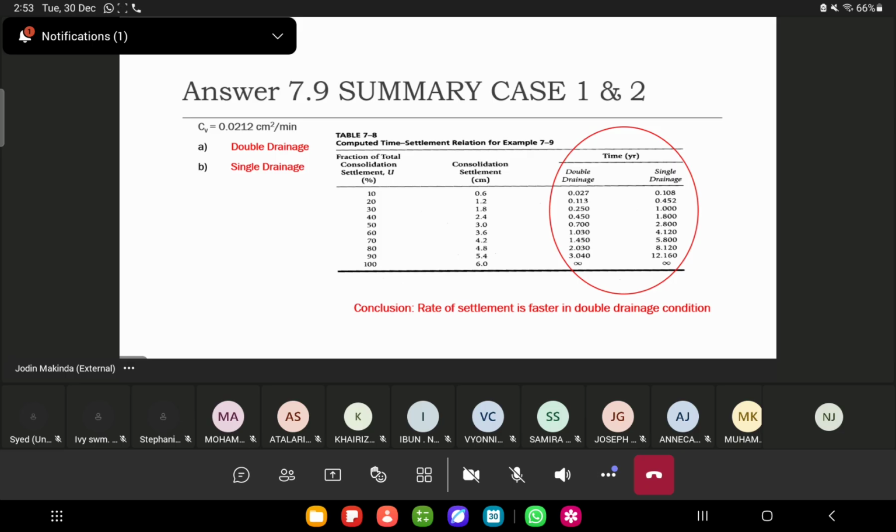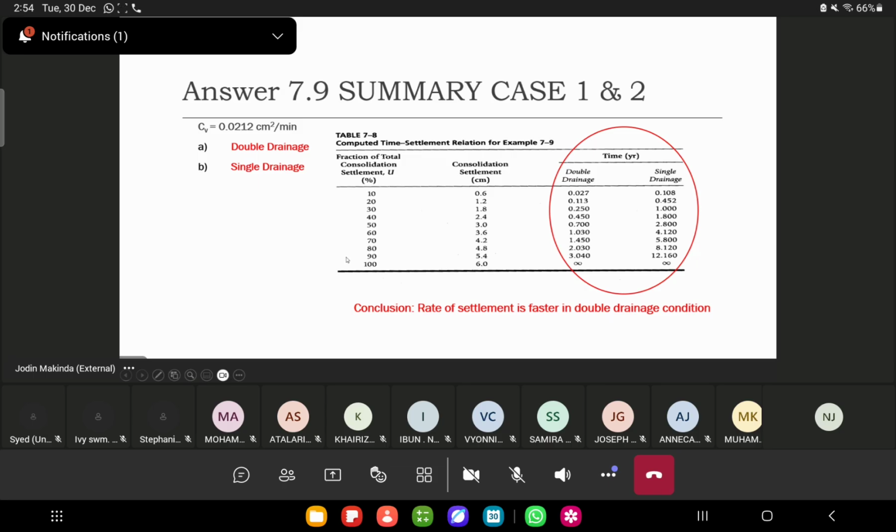Meaning that if the soil layer has double drainage, two ways out, the building will settle faster, because the water has a chance to move out faster, from the top or the bottom side. Meanwhile, single drainage takes slightly longer.